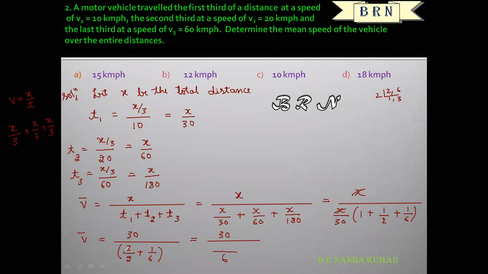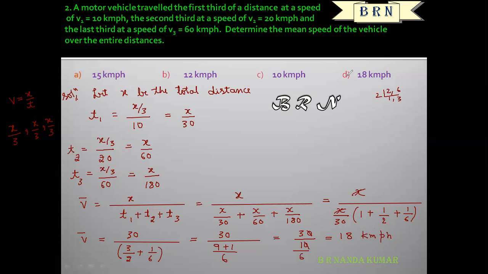So 2 1s are 2, 3s are 3 into 3, that is 9, plus 1. So 30 divided by 9 plus 1 is 10 divided by 6. So 10 cancels. So 1 by 6 is shifted to the numerator. 6 into 3 is 18. So the answer is 18 kilometer per hour.